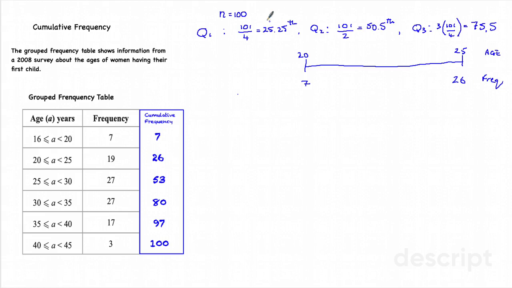Now, I need to find the 25.25 value. That's the value I'm looking for. I'm going to find out how far along the group it is. I find that by doing 25.25 minus 7, which gives me 18.25.